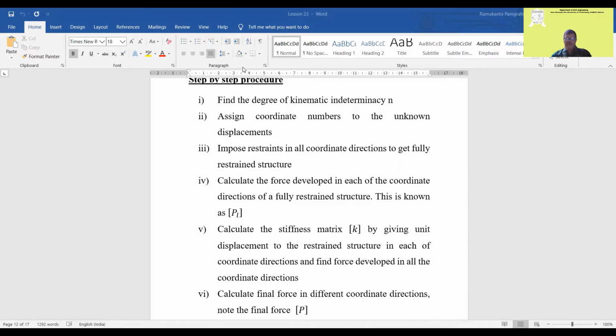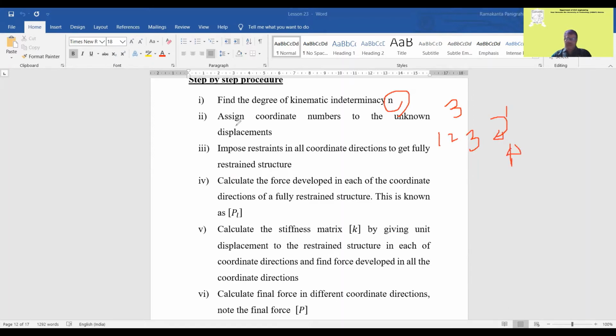We have already discussed in the last class how to find the kinematic indeterminacy of a system. After finding it, suppose you have three indeterminacies, you give the coordinates 1, 2, 3. You have the generalized coordinates. It may be rotations, or it may be displacements. You give the names 1, 2, 3.